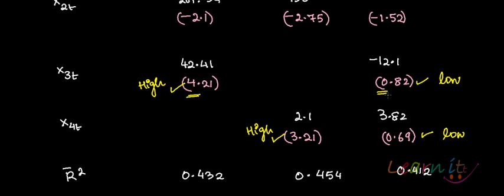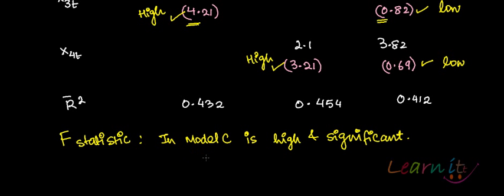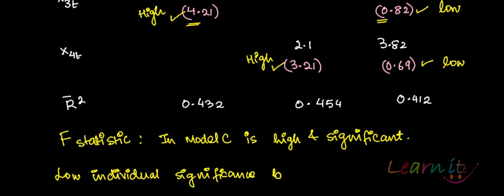But jointly their significance is quite high, which is given by the F statistic, and in model C it is highly significant. So this is a kind of contradiction: low individual significance, but high joint significance.